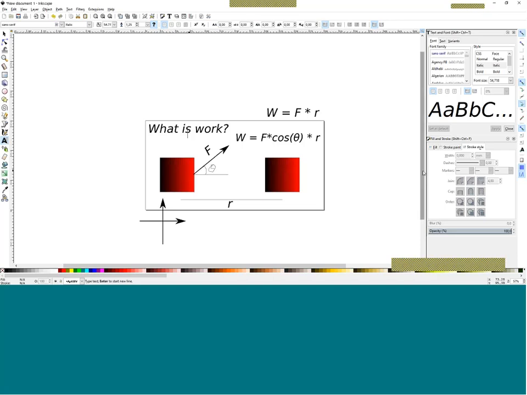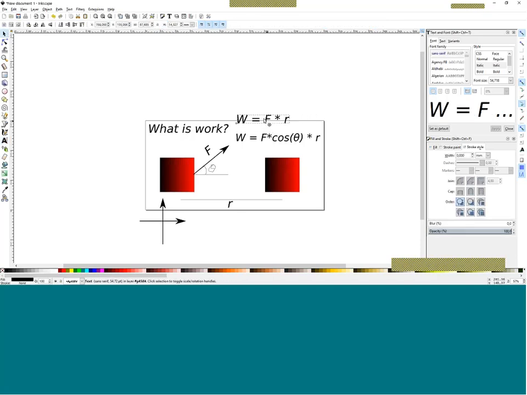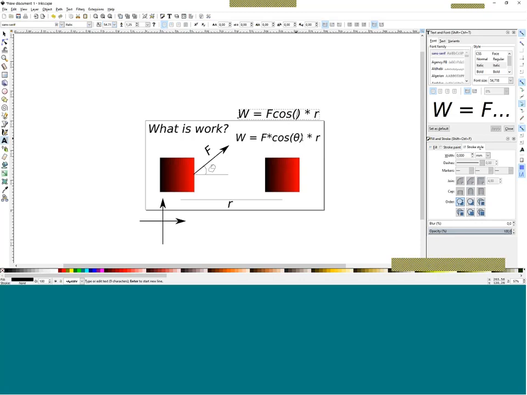Very good, because if you apply cosine 90, that's a very good point. Here the direction of motion is horizontal. You put 90 in, you'll get 0. Here with 0, you'll get 1, F times r again.